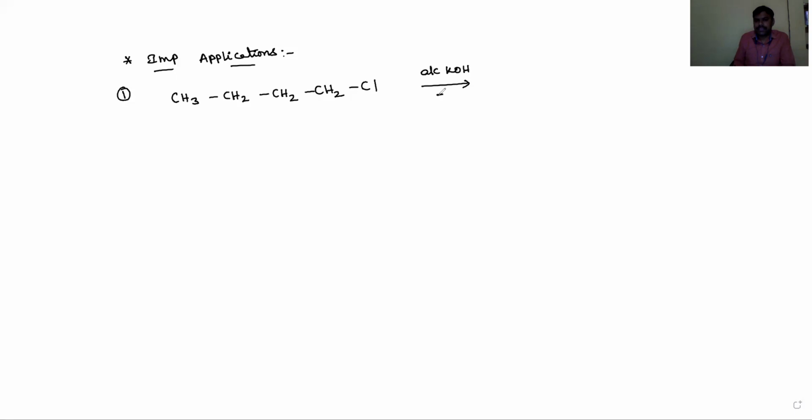The reaction takes place by E2 mechanism, loss of HCl. There is no carbocation intermediate formed, only a transition state intermediate. This is the alpha carbon and the adjacent carbon is the beta carbon. The beta carbon containing a hydrogen atom, we need to remove this hydrogen atom, and this chlorine it will lose and produce but-1-ene as the product.